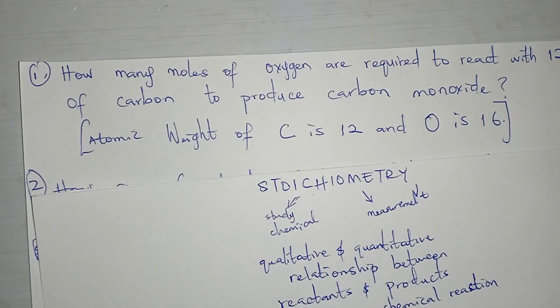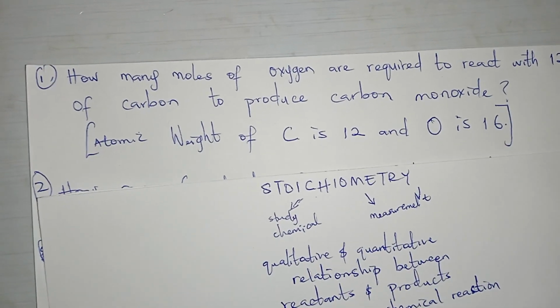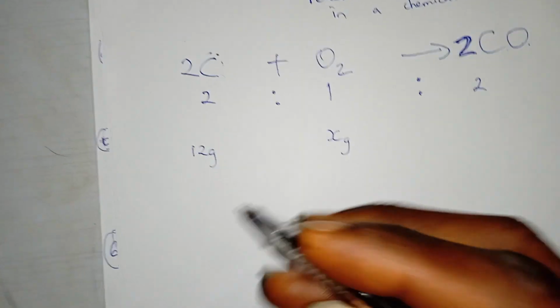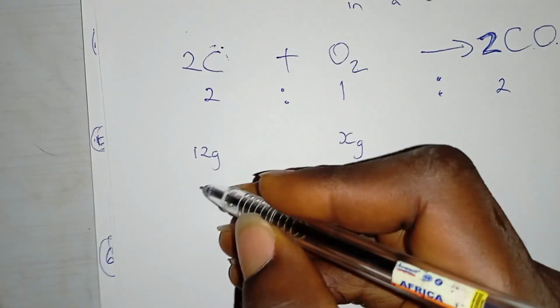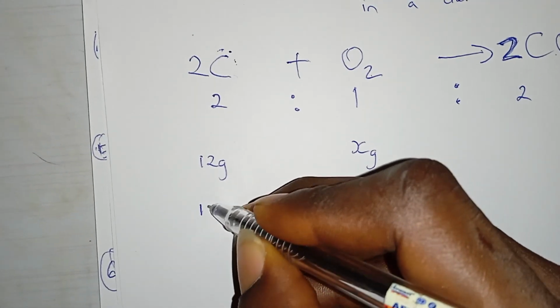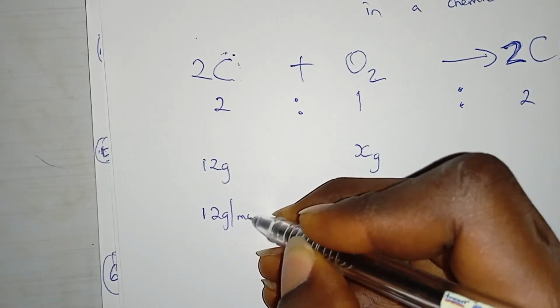So looking at this, they're asking us how many moles of oxygen, and we are given 12 grams of carbon. That 12 grams of carbon simply means that, naturally, the atomic mass, or molar mass, of carbon is 12 grams per mole.